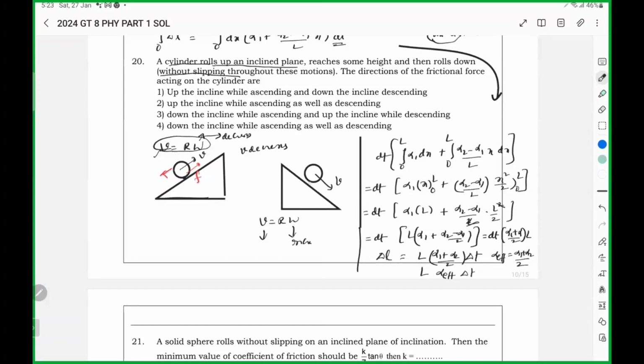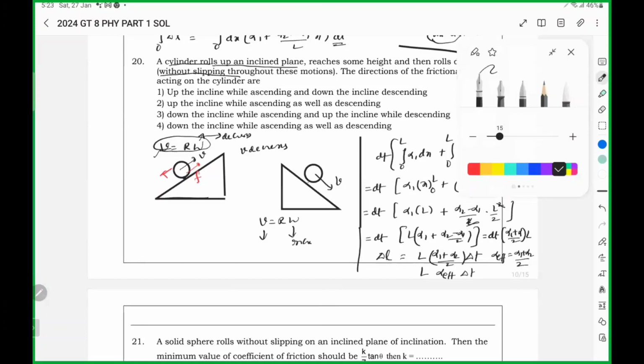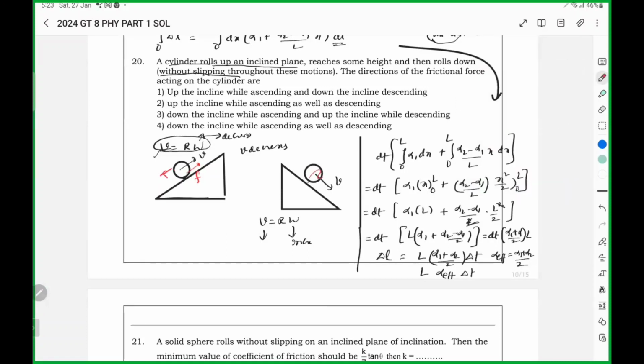When frictional force acts like this, then obviously angular velocity increases and it supports pure rolling. So always, up the plane or down the plane, friction acts upwards.